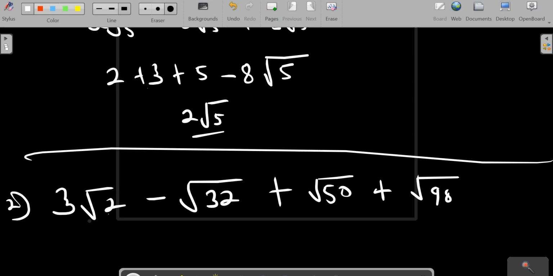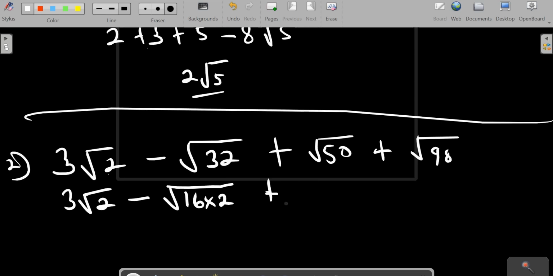So I say, okay, this is 3 root 2 minus root 32. Can 2 go in 32? Yes, 2 can go in 32, because 16 times 2 is 32. Can you see that? So I'm trying to target that root 2 so that all of them can have root 2, so that we have a common, similar surd at the end.